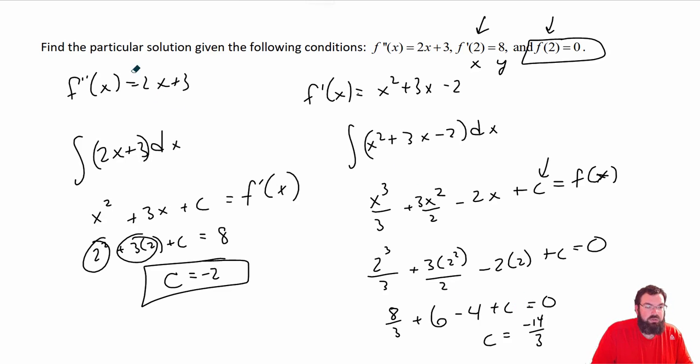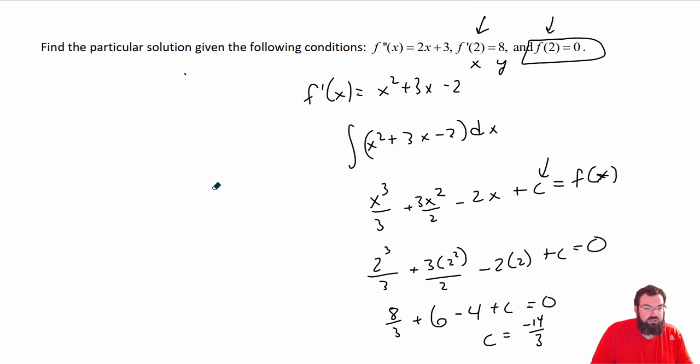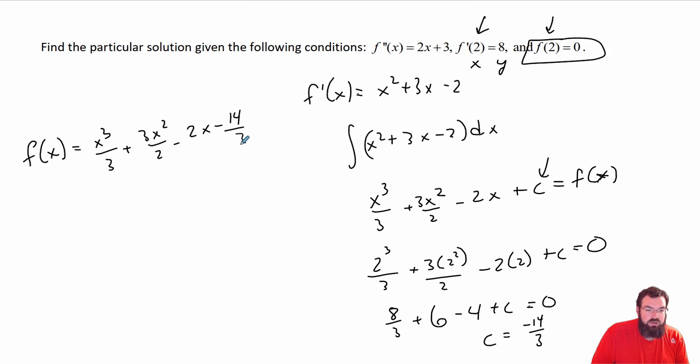we get f of x is equal to x to the 3 over 3 plus 3x squared over 2 minus 2x minus 14 over 3. And there we go. That's it. So this is your original function.